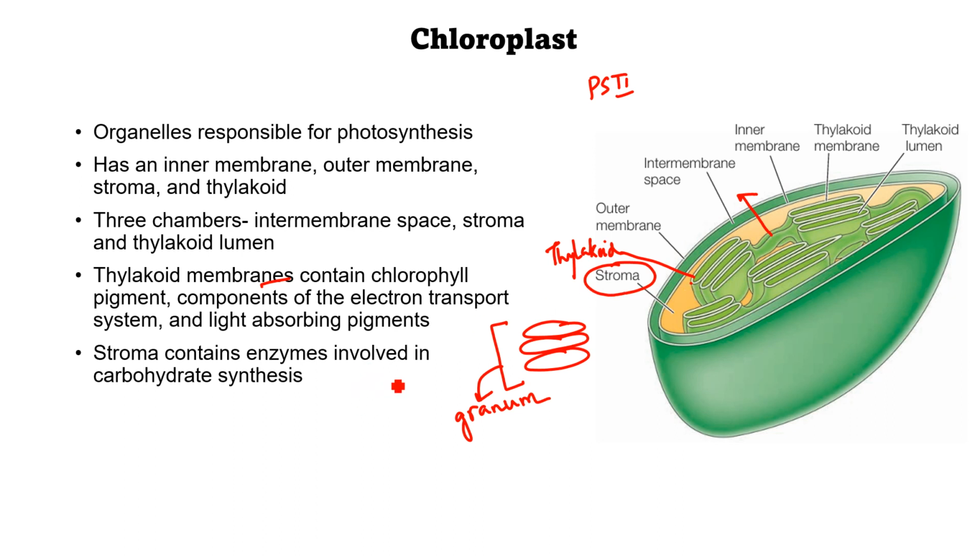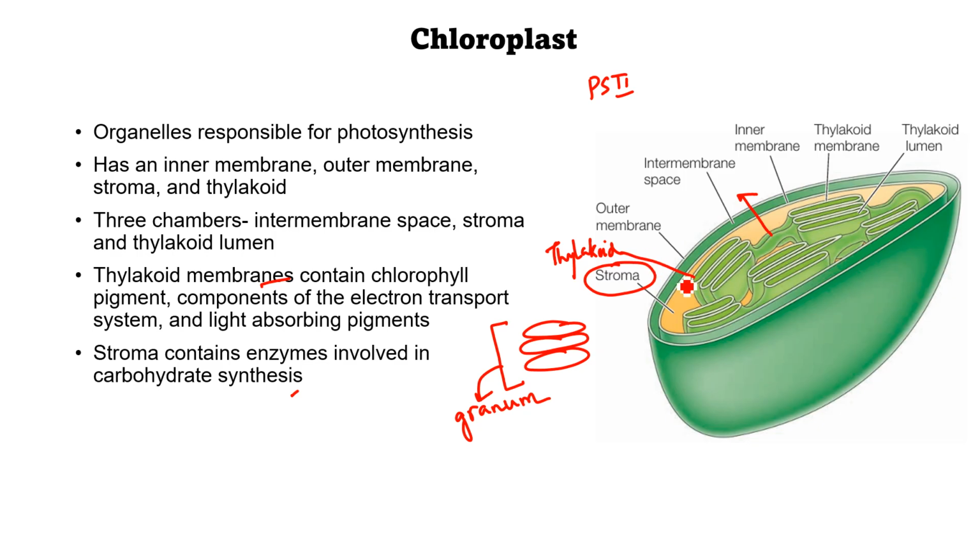And the stroma contains enzymes involved in carbohydrate synthesis. You must have read about the light reaction and dark reaction. The light reaction takes place in the thylakoid membrane, because this membrane has different proteins with different photosynthetic pigments.